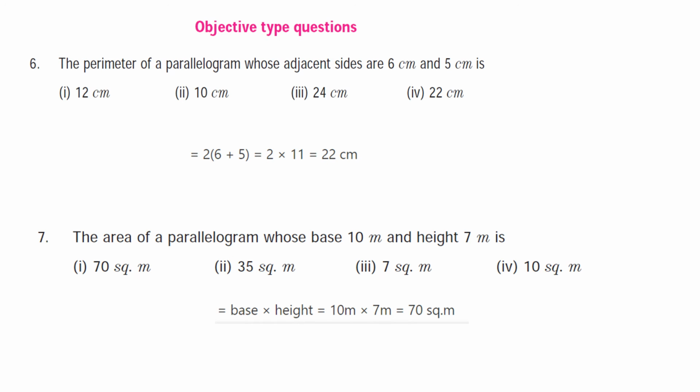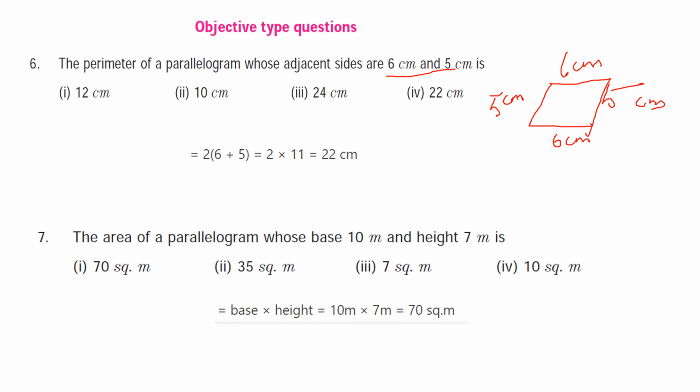Next, objective sums. The perimeter of a parallelogram whose adjacent sides are 6 cm and 5 cm. That is, adjacent sides means here 6 and 5 centimeter. So we need perimeter, which means the opposite sides also you write as 5 centimeter and 6 centimeter.